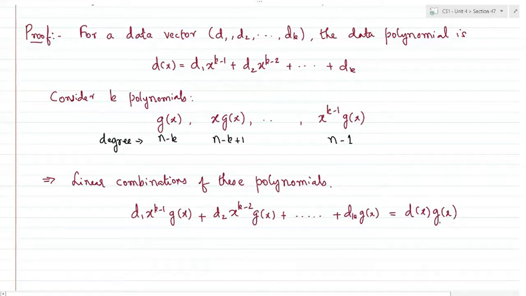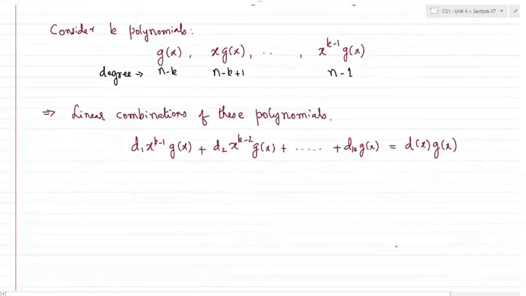I've just taken the linear combination of the data vector with respect to the polynomial g of x of order n minus k. Okay, so irrespective of the values of these di's, what would be the degree of the product d of x times g of x? Because g of x has a degree of n minus k, the highest order would be k minus 1 plus n minus k, which gives the degree n minus 1.